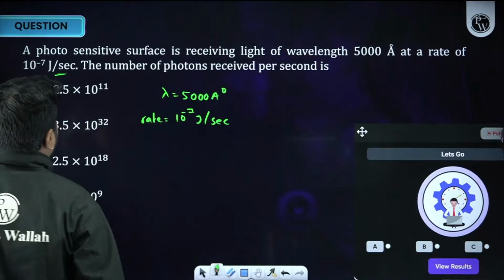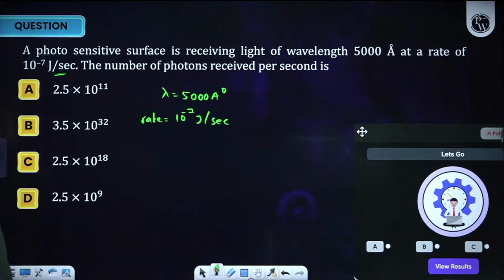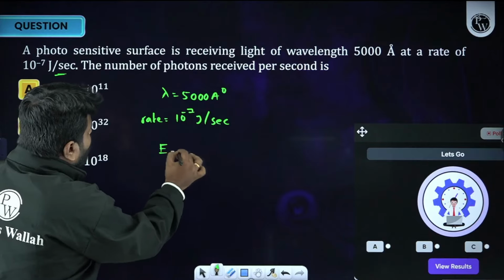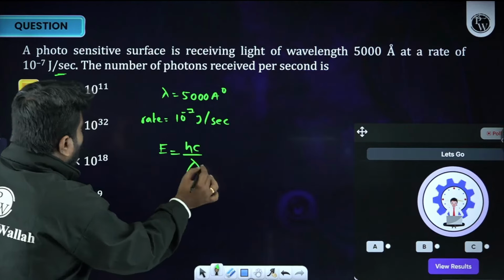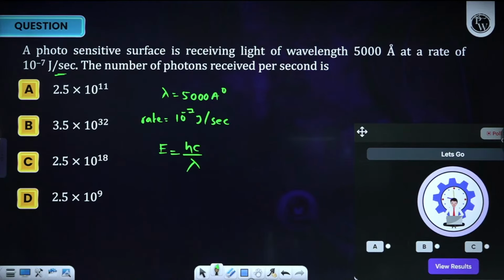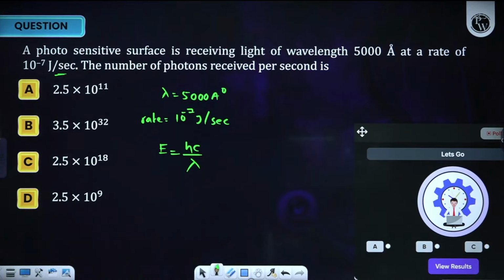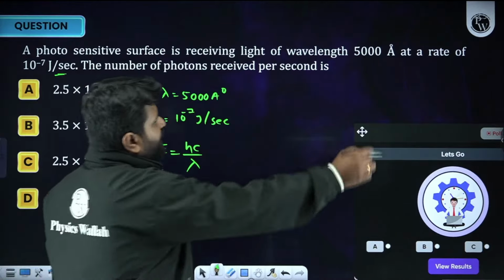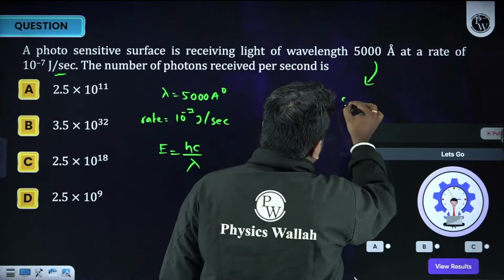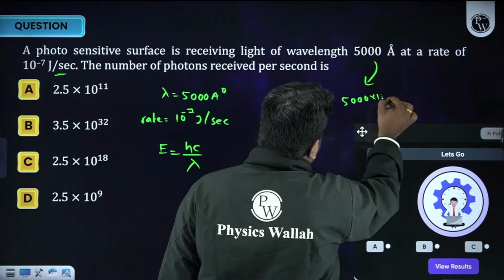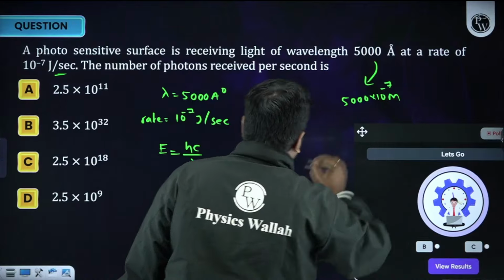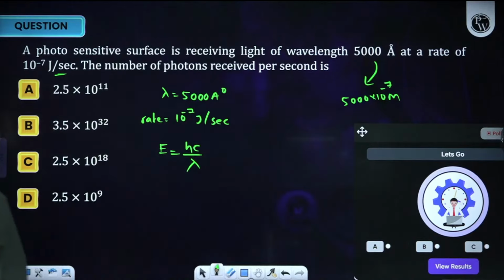Shall we check what is the formula we need to use? Just a direct formula. What we know when it comes to energy, E is equal to hc by lambda. Now understand one thing, we need to find out the number of photons also. Energy per photon. Lambda is 5000 Armstrong, so in meter that is 5000 into 10 to the power minus 7 meter.